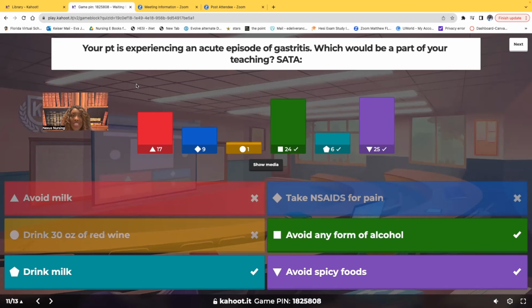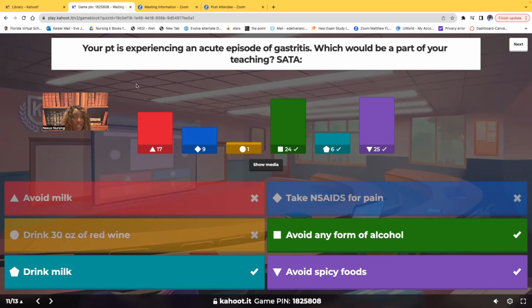So that actually decreases the patient's symptoms. So in the case of gastritis, we actually do want them to drink milk. And last, avoid spicy foods. I think this speaks for itself. Something spicy is going to be irritating to the gastric lining. This patient's stomach lining is already inflamed. You think they want something irritating? Absolutely not. So that's why those are our correct answer choices.